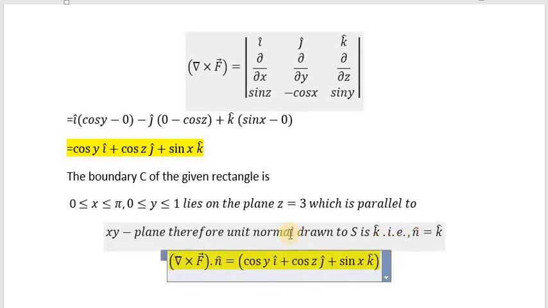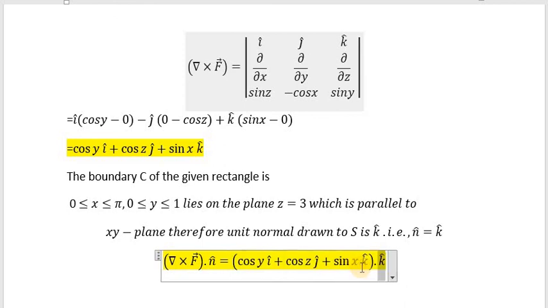Now we have del cross f dot n equal to (cos y i plus cos z j plus sin x k) dot n, and dot n means dot k. When you find the dot product with k, k dot i is 0, k dot j is 0, and k dot k is 1. Therefore, we get sin x.